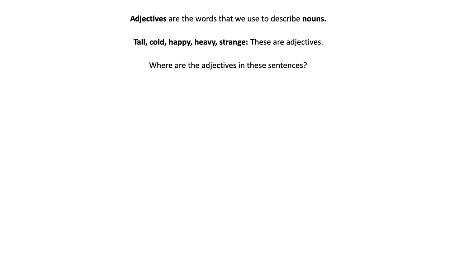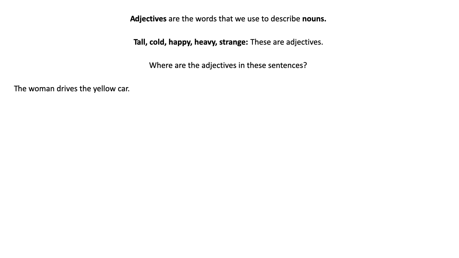Let's look at some sentences and find the adjectives, right? Let's find the words that are describing nouns. The woman drives the yellow car. What word in here is describing a noun? Woman is just referring to a living being. Car is referring to a thing. Drives is our verb, right? It refers to the action of driving.